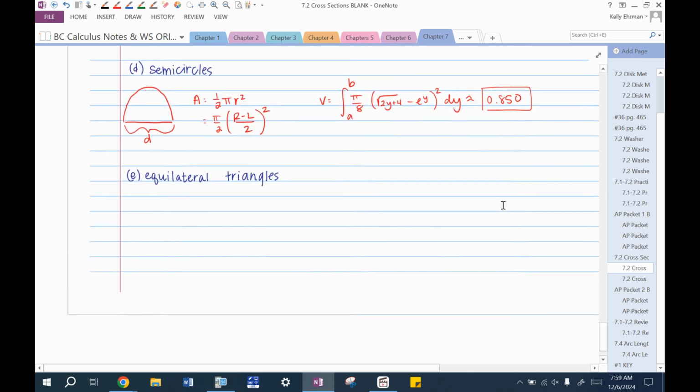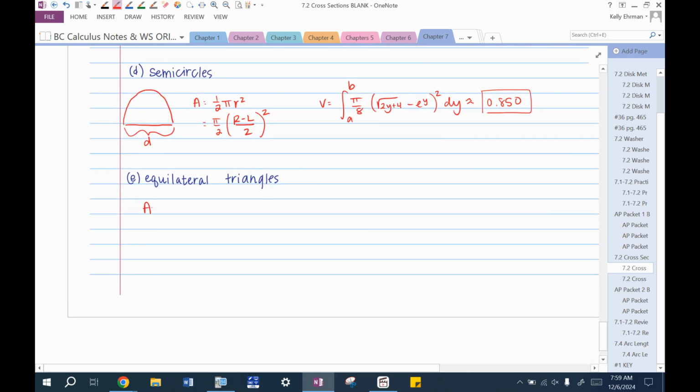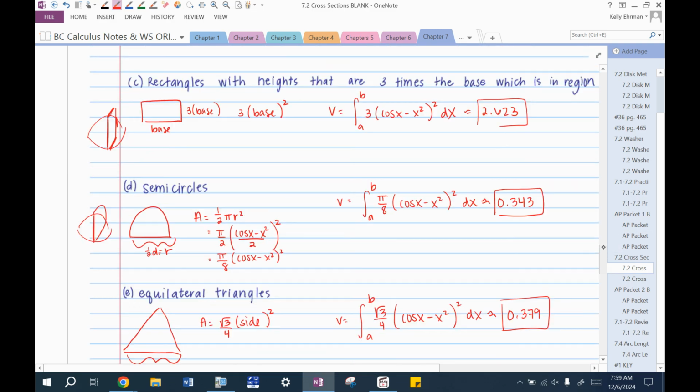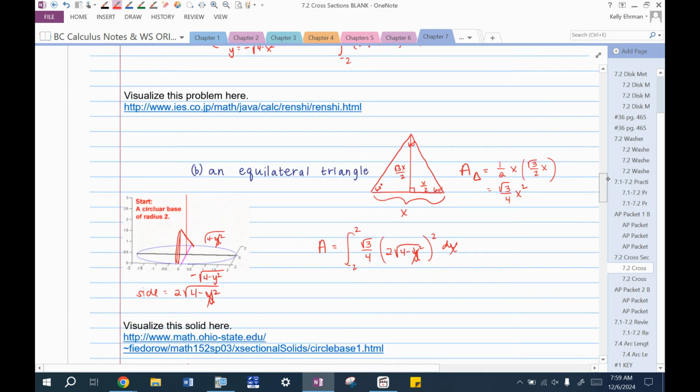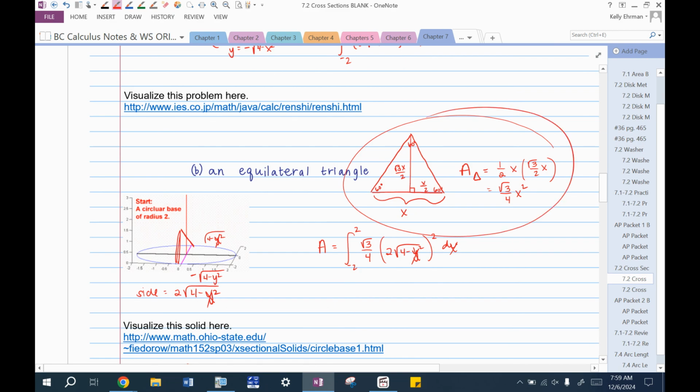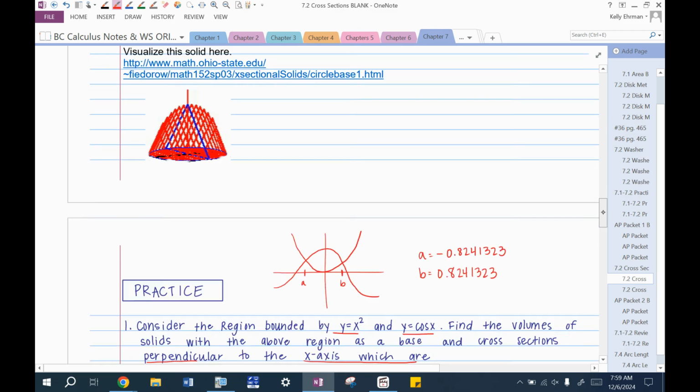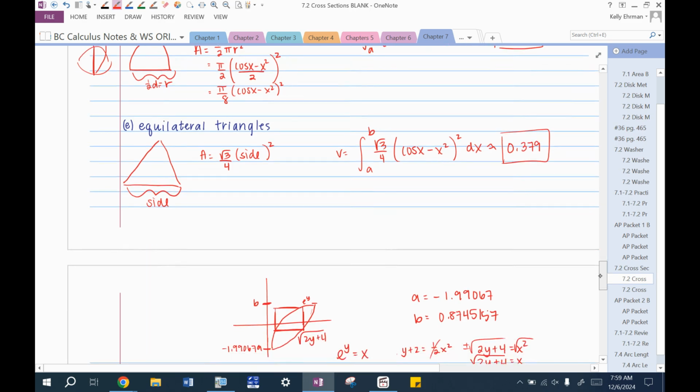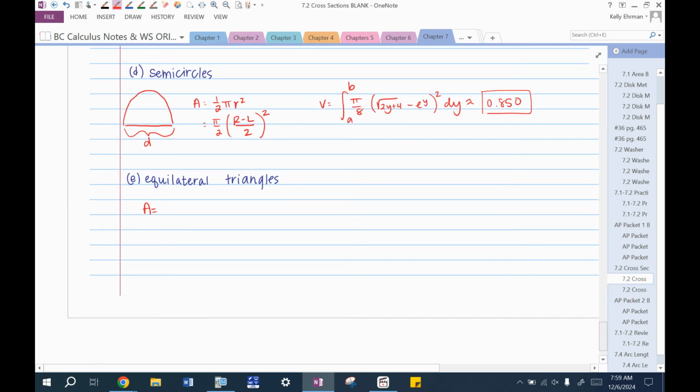Okay, and finally, equilateral triangles. Earlier in our notes, maybe it's in here, I did the little proof. Oh, there it was. You can go through all this fun stuff if you forget what the formula is. You split an equilateral triangle in half, you get a 30, 60, 90. But it comes out to, I would just memorize it, radical 3 over 4 times side squared.